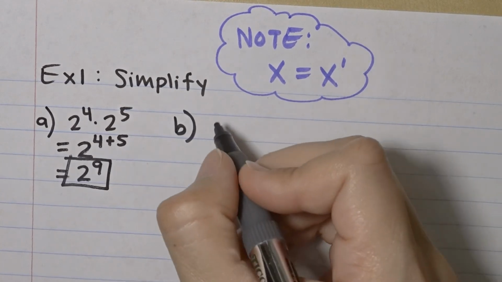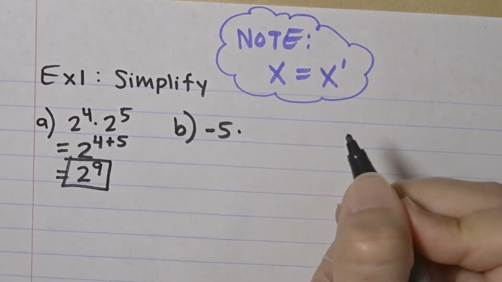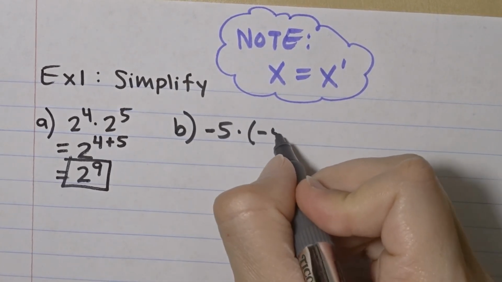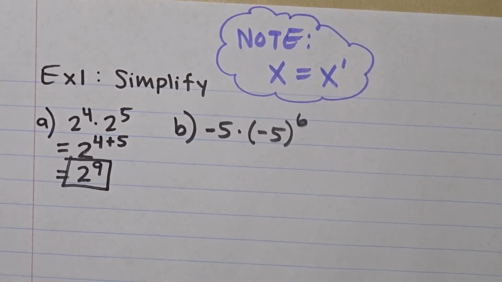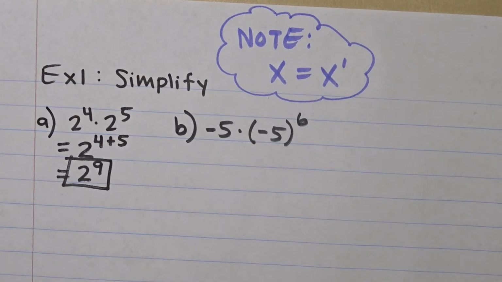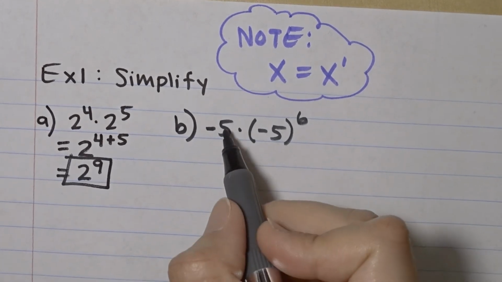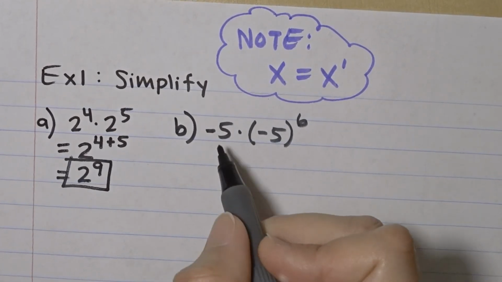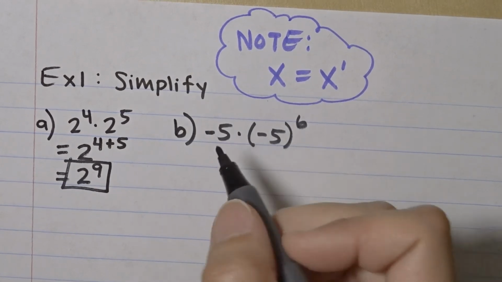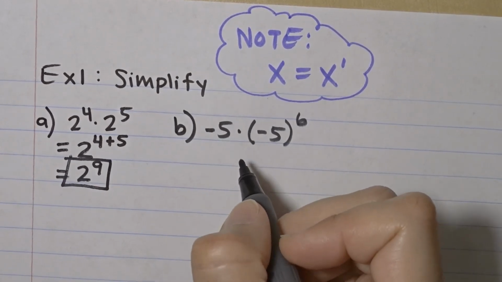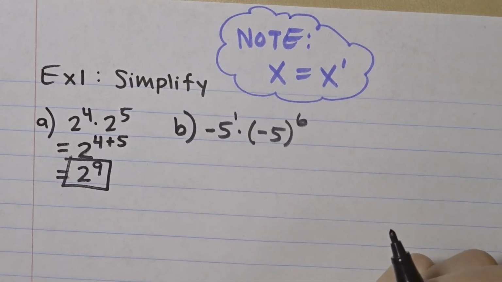Example B says -5 times (-5) to the 6th power. Now, the first one does not have an exponent. Why is this one not in parentheses? Well, because it doesn't have an exponent, there's nothing to be grouped. But if I could put a 1, I could.